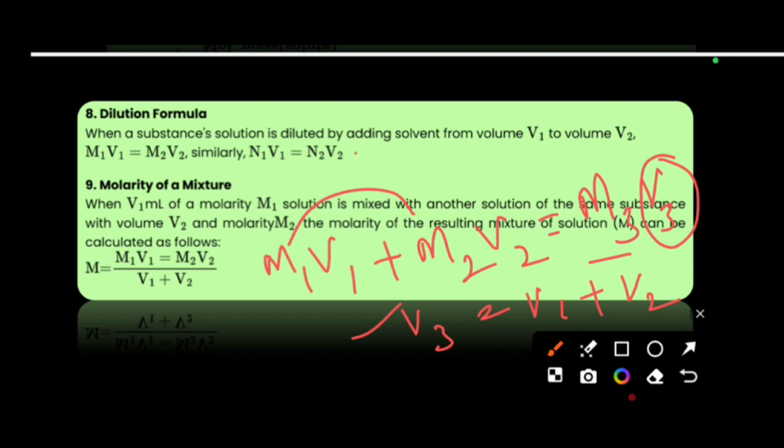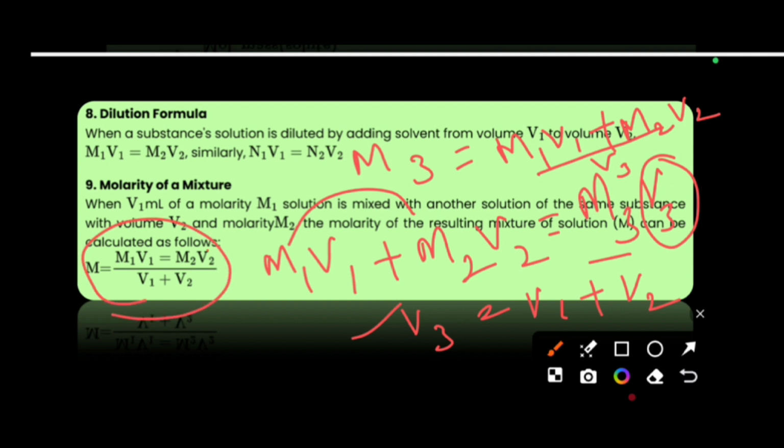So how can you write this? M3 is equal to M1V1 plus M2V2 divided by V3. Is that clear to all? So this is the expression. Here a little mistake is there, so instead of this you can write this formula.